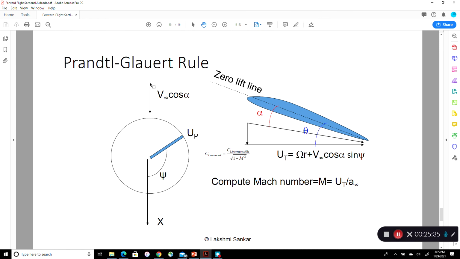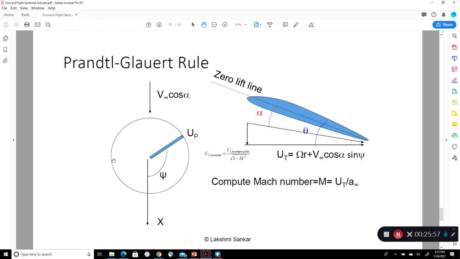Notice that V infinity cosine alpha is the edgewise velocity. So when the blade is at 90 degrees azimuth, moving forward, you'll see two effects. One is omega r, so the blade is moving forward. The wind is coming towards it at a velocity V infinity cosine alpha, so these two things add up. That's at psi equal to 90 degrees.